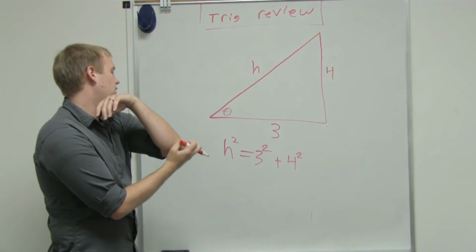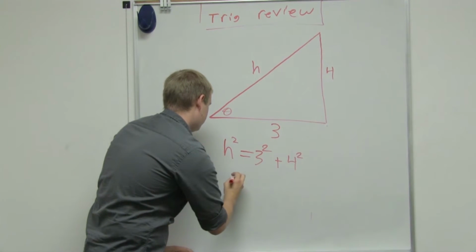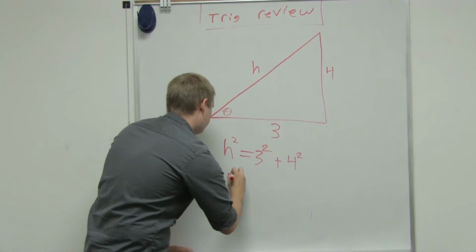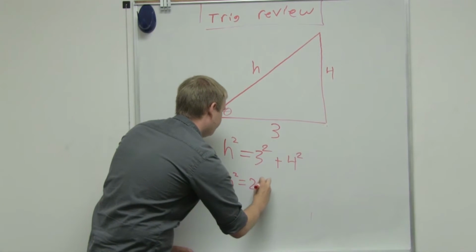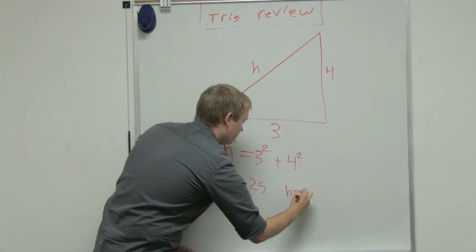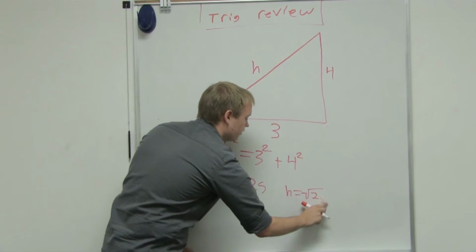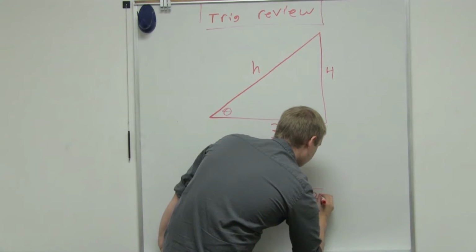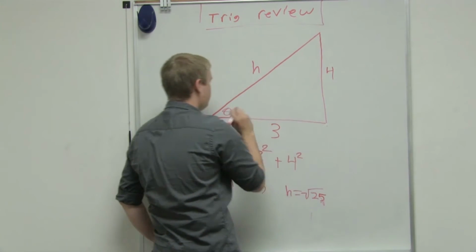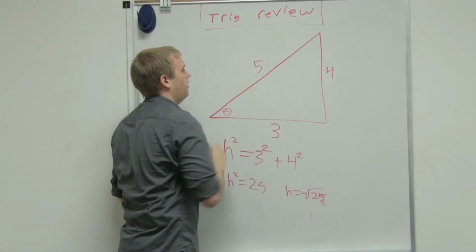After that we know this is 9, we know that's 16. So h squared equals 25. Solving for h, we get the square root of 25. So therefore h equals 5.